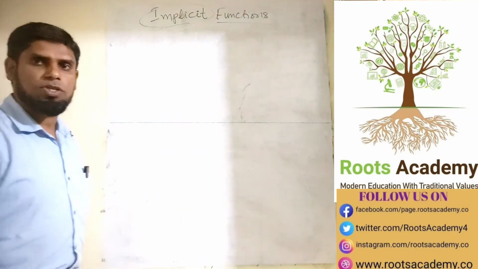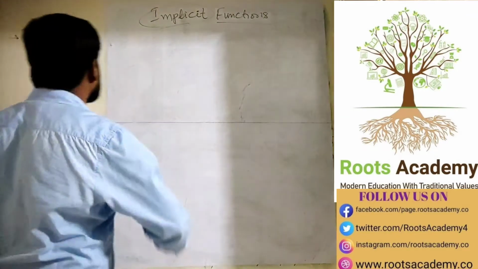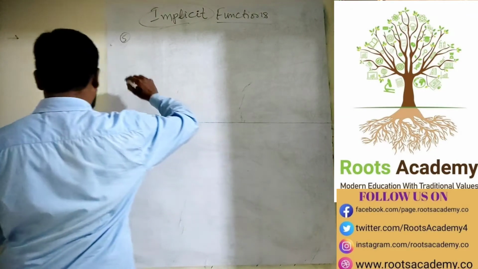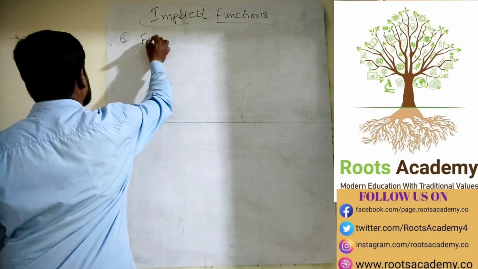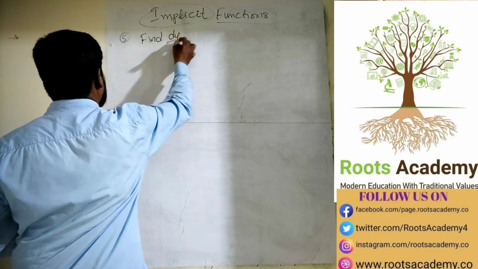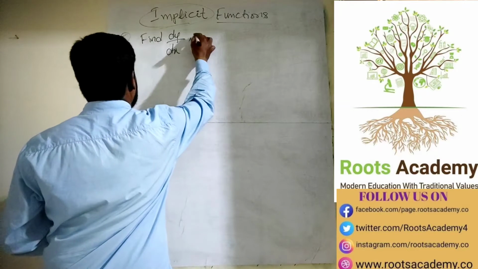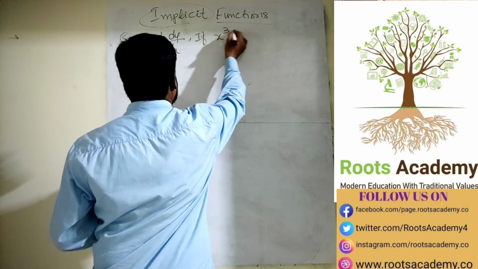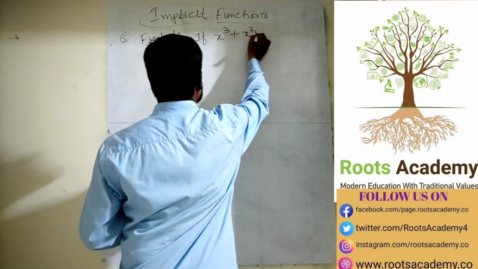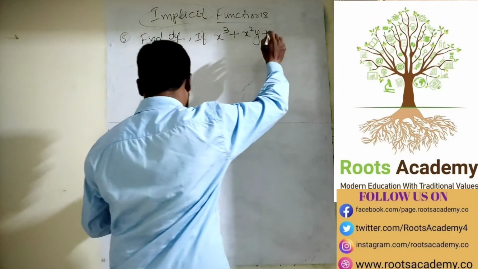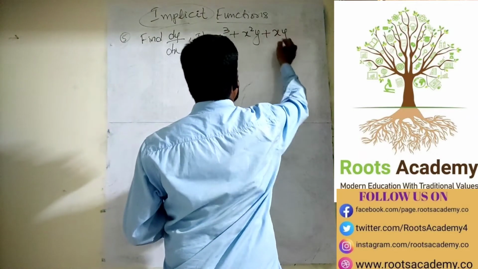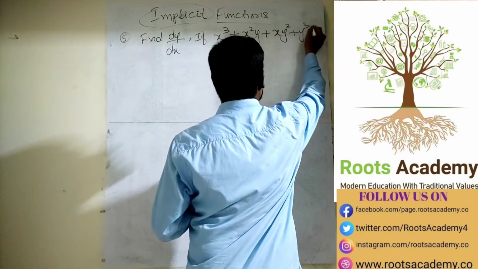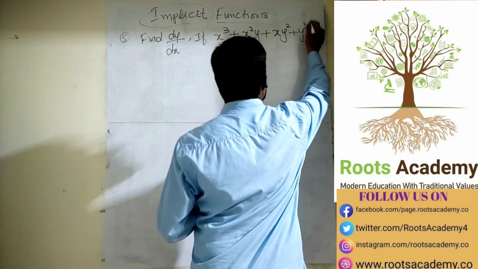Okay, students, now let us go to the next problem. Find dy by dx if x cube plus x square y plus x into y square plus y cube is equals to 81.